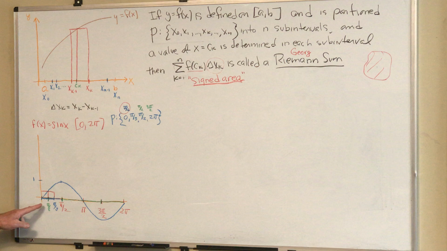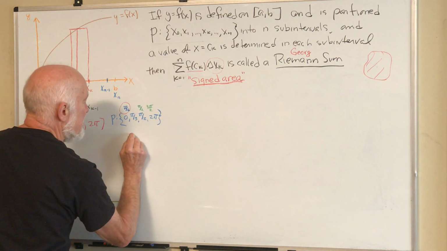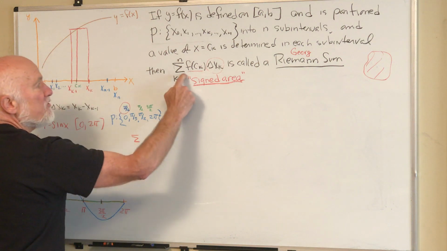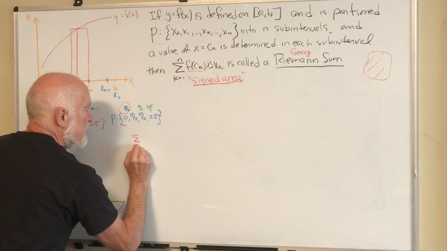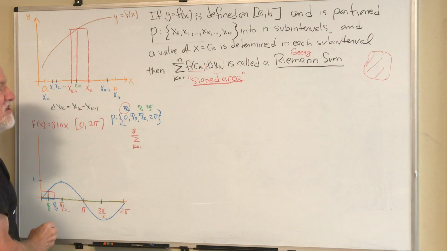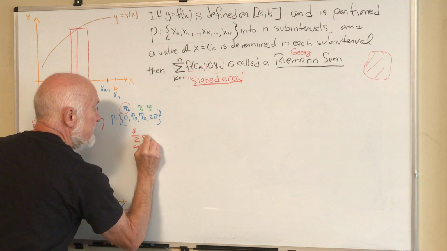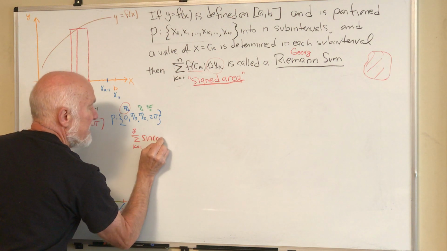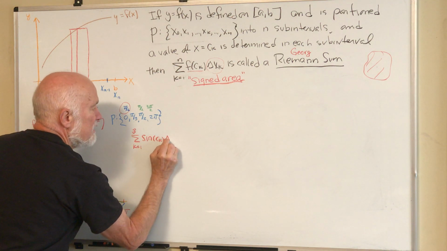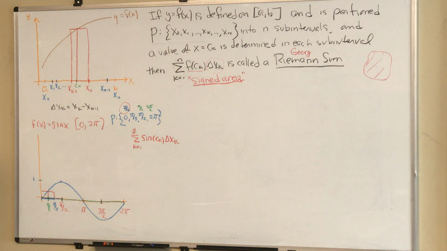And what would that be? Our Riemann sum is now going to be the summation from k equals 1. Now instead of putting n, we're going to put 3 because we have 3 subintervals. And f of c sub k is going to be the sine of c sub k. So that's what our specific Riemann sum here is going to look like.